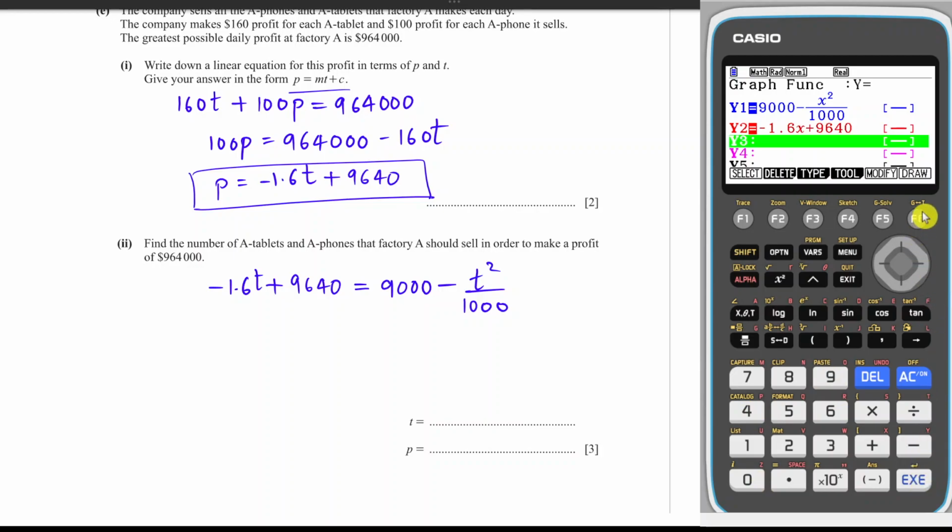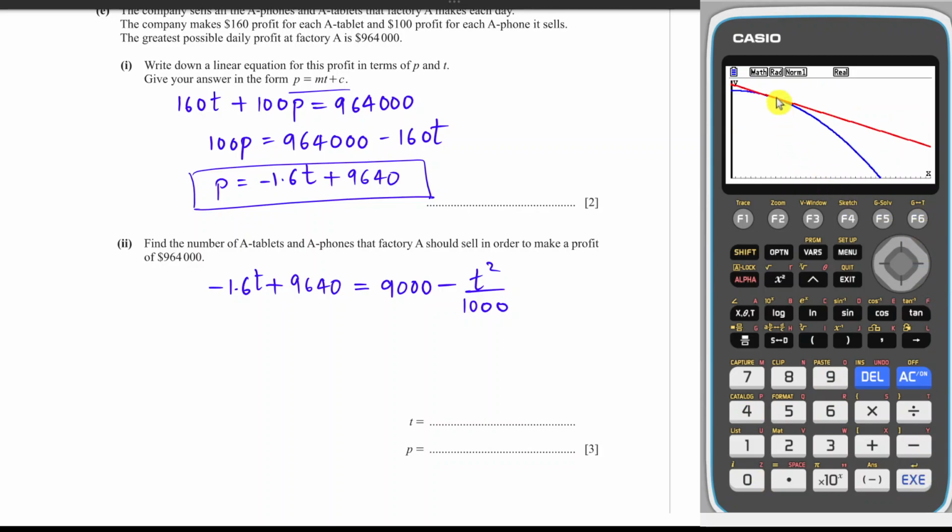That gives you, let's draw this. Okay, I need the point of intersection. So shift, resolve, intersect. That gives me x is equal to 800. So x corresponds to t, that is 800, and p corresponds to the y, that is 8360.